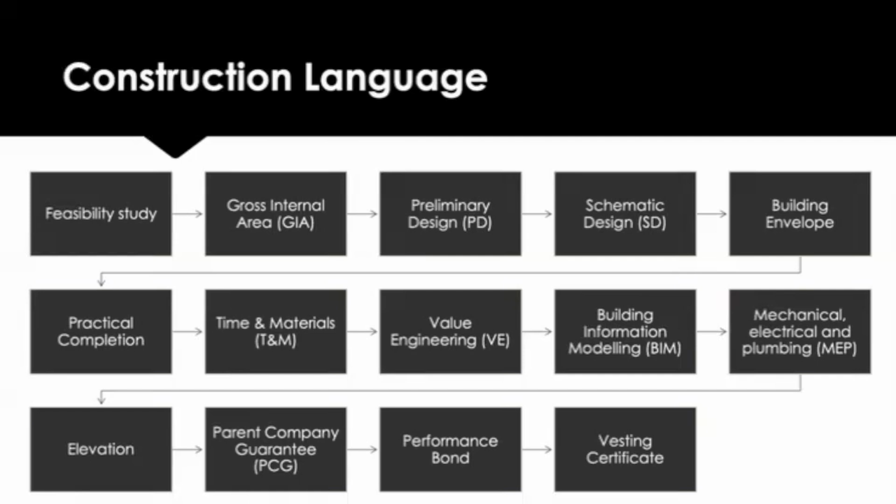And depending on who you are appointing to do the construction, you may look for a parent company guarantee, which is a guarantee given by one contracting party's ultimate or immediate holding company in favour of the other contracting party to secure the performance of that party's obligations under the contract.